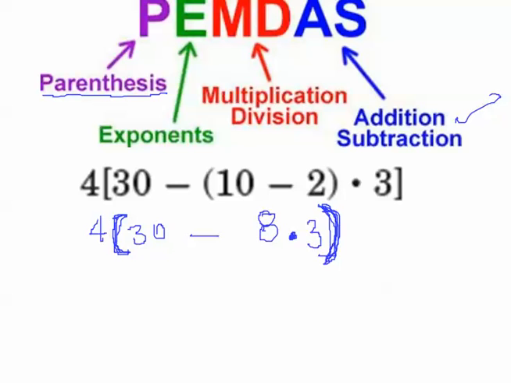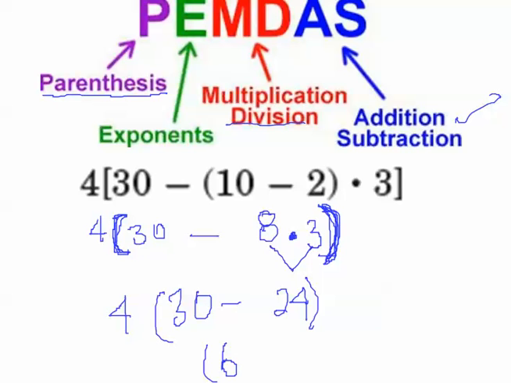And what I need to do first is all the multiplication and division. So I have to multiply this 3 times 8 and get 24. Then I'll say 30 minus 24 times 4. So again, just one little step at a time. If I say 30 minus 24, again looking inside the parentheses, I get 6.